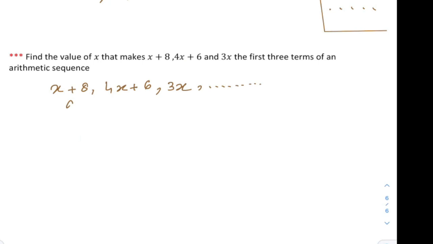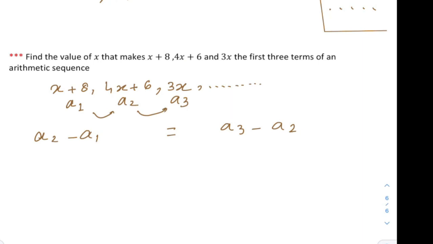So if this is term number 1, term number 2, term number 3, and it is an arithmetic sequence, then a_2 minus a_1 should equal a_3 minus a_2. This difference should equal this difference, right? And we will find it.